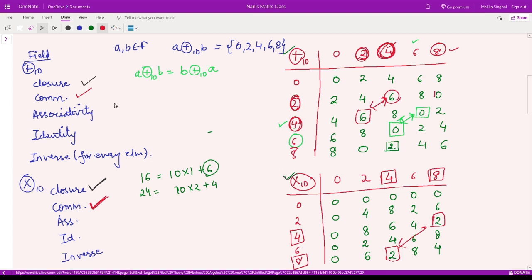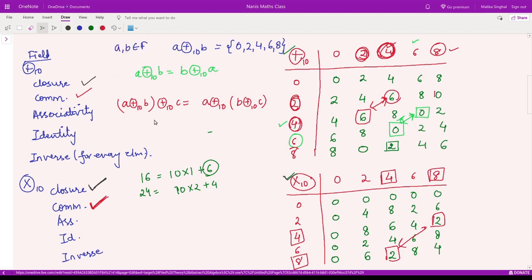Next we have to see the associative property. That means I have to check that a addition modulo 10 b, then addition modulo 10 c, would be equal to a addition modulo 10, then b addition modulo 10 c. These two should be the same. So let us check this for a set of elements.